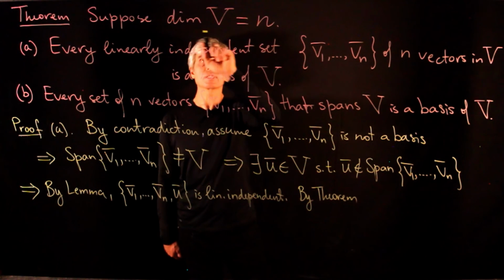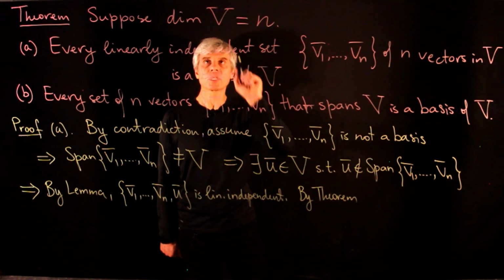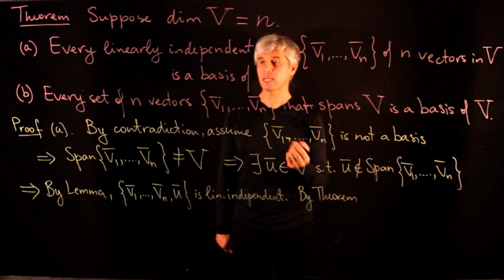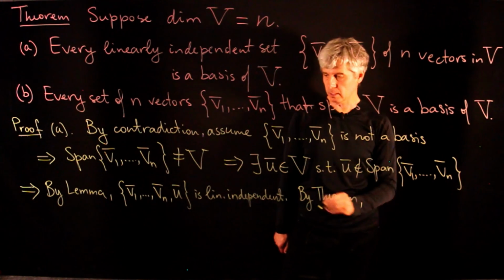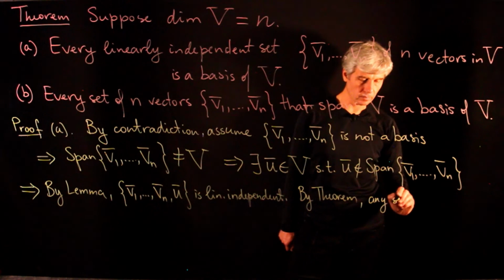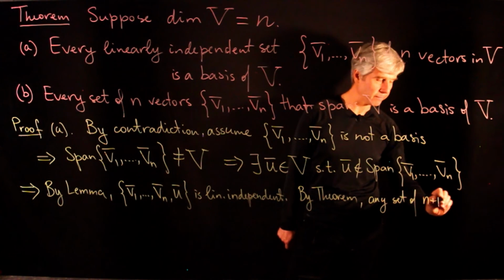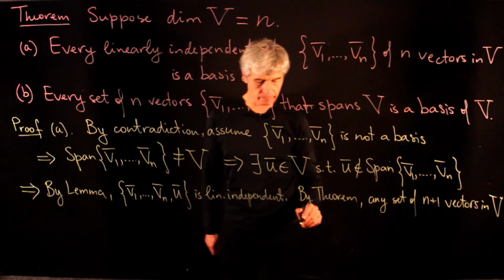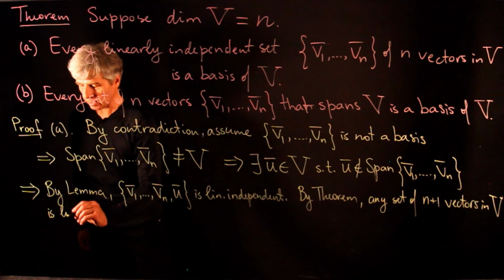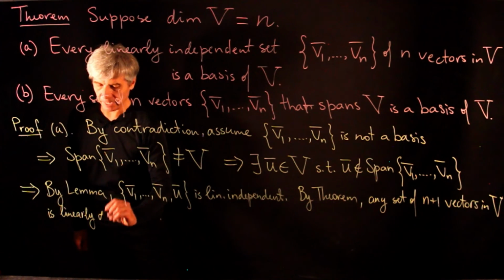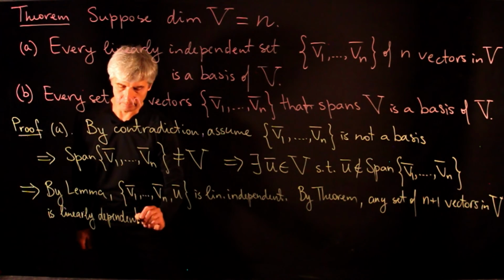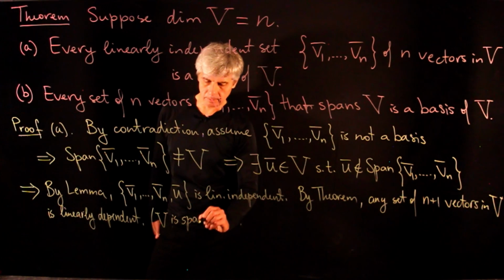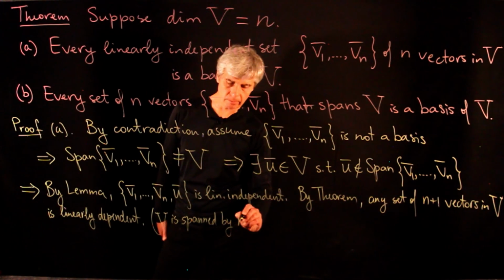And so here we know that the dimension of our vector space is n. So it has a basis with n vectors. So this means that V is spanned by n vectors. And in this case, any set of n plus 1 vectors in V is linearly dependent, right? Because V is spanned by n vectors.